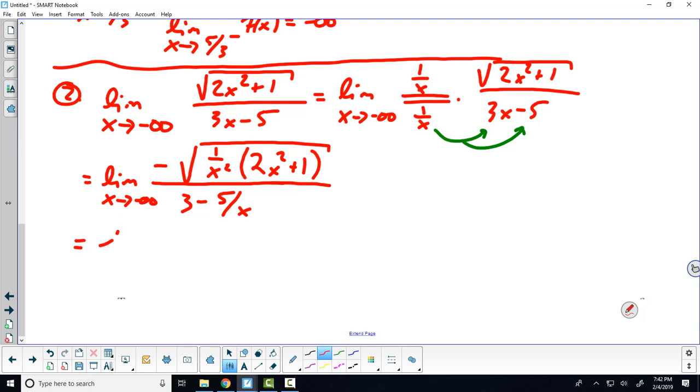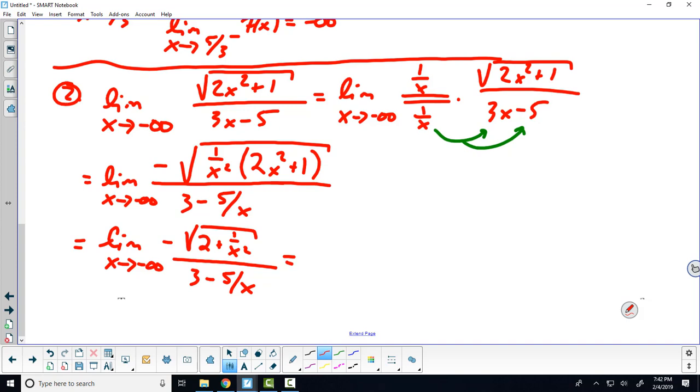Inside the square root, I now distribute the 1 over x squared to each term there. Now, as before, I do the whole limit to the numerator, limit to the denominator, pass it through the square root, distribute to all the terms, but eventually I end up with minus the square root of 2 plus 0 all over 3 minus 0.